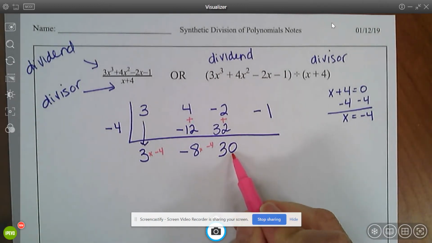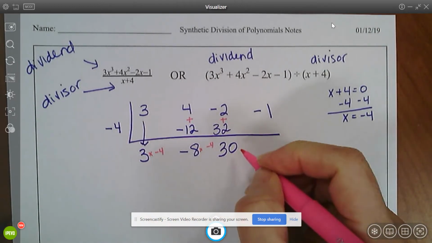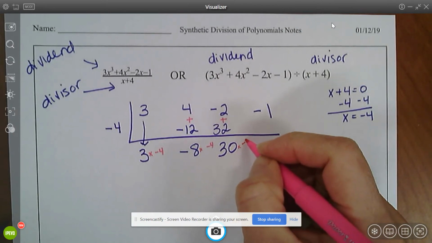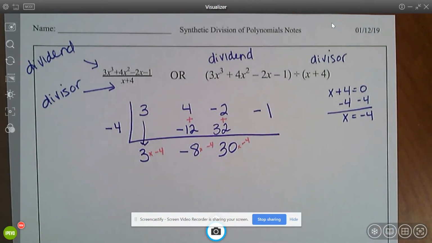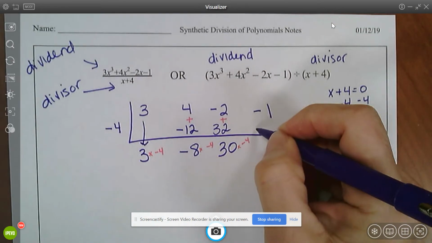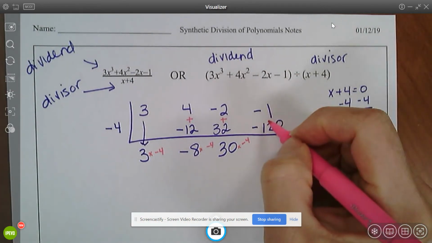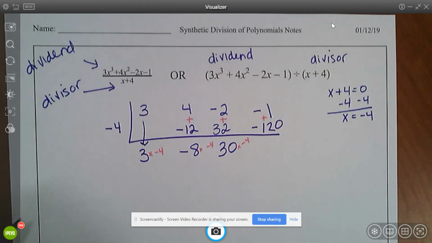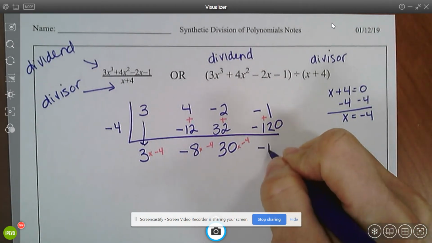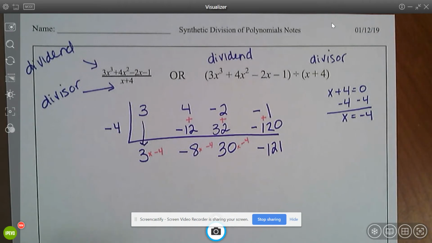And then I'm going to multiply this number again by the -4. And 30 times -4 is -120. And I am going to add these numbers together again. And I have -121. So that's it. I'm done with all the math.